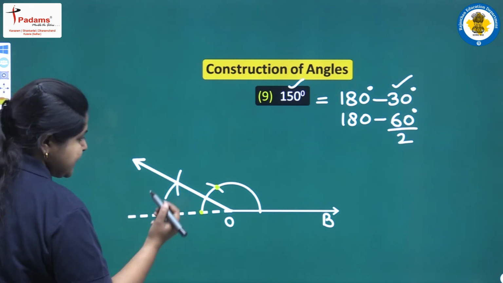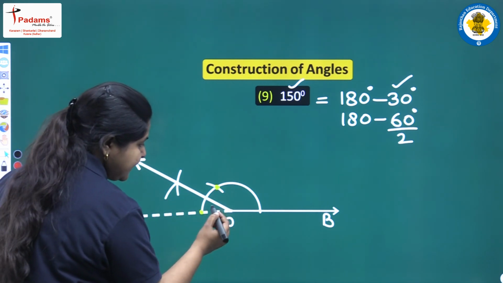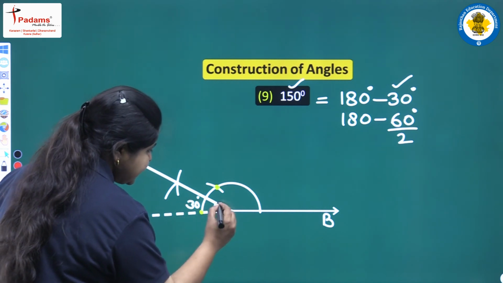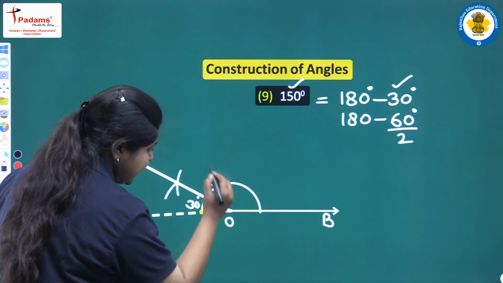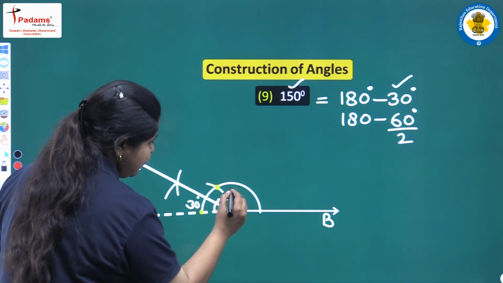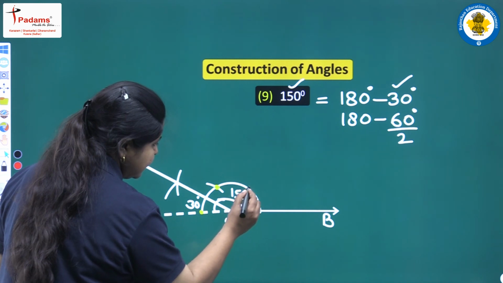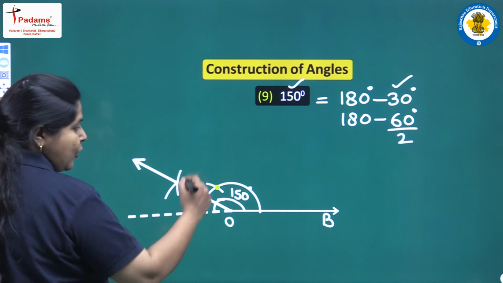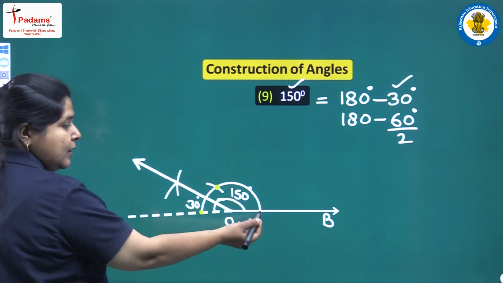What do you see is, this was 60 degree, this is nothing but 30 degree, and this remaining one is also 30 degree, and along with this remaining angle we get an angle of 150 degree. What we have done? We have subtracted 30 degree from this complete angle of 180 degree.